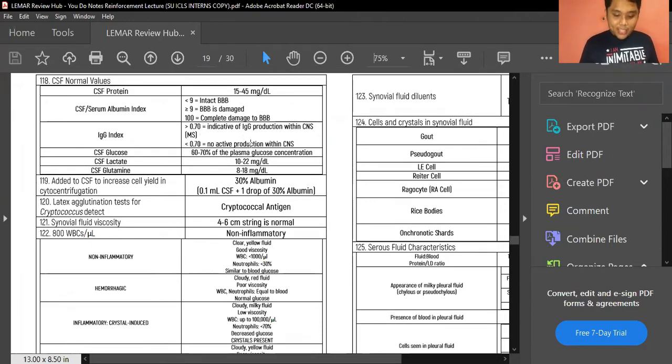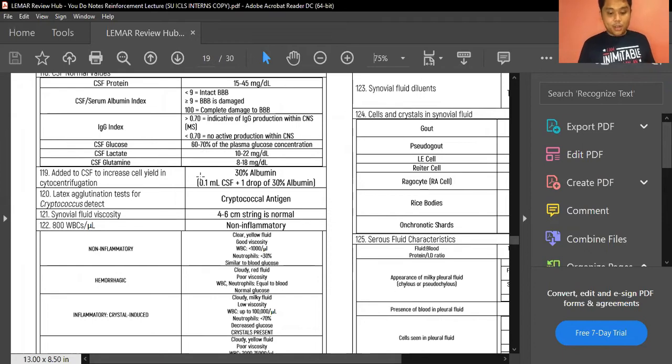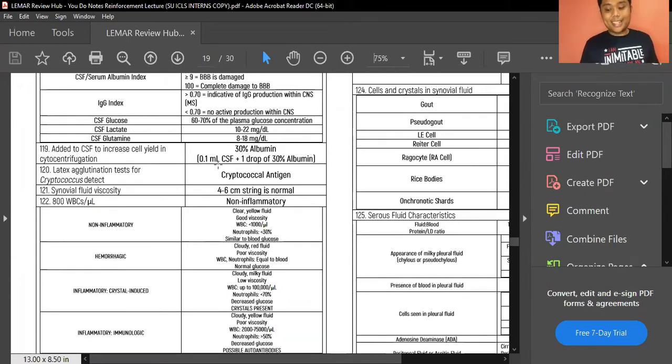IgG index greater than 0.70 indicates IgG production, multiple sclerosis. Less than 0.70, no active production. CSF glucose is 60 to 70% of plasma glucose. CSF lactate is 10 to 22, and CSF glutamine is 8 to 18. Glutamine greater than 35 mg per dL can cause disturbances in consciousness.